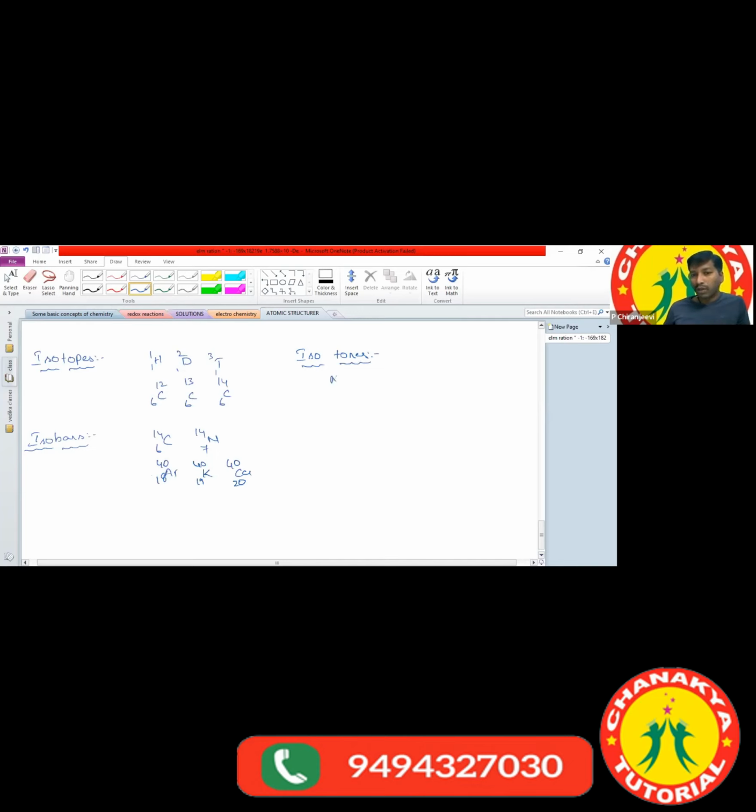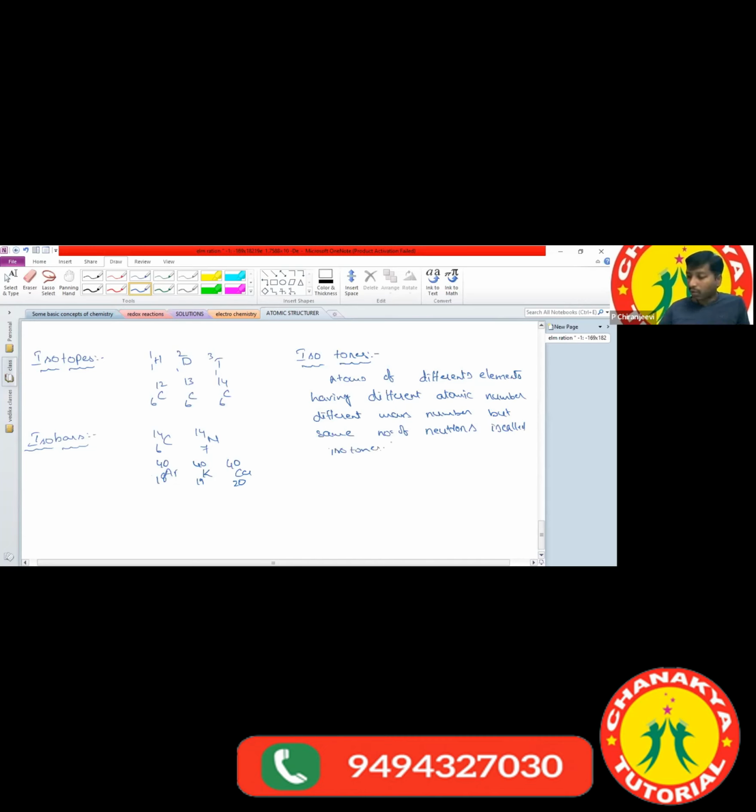What is meant by isotones? Atoms of different elements having different atomic number, different mass number, but the same number of neutrons, is called isotones.